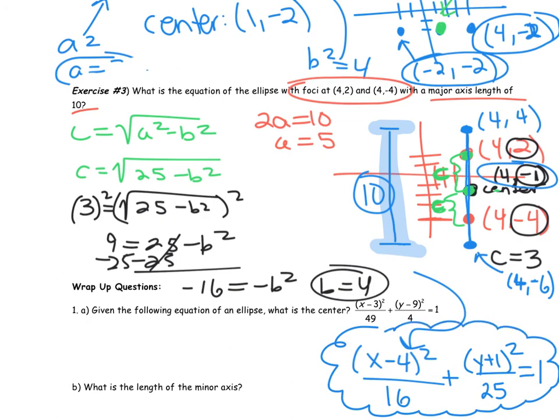Now, if you had a question about the reason why this is 16 and the reason why this is 25, well, guys, if you look at our picture here, it's very obvious that our major axis is along a vertical line, and when our major axis is along a vertical line, that pairs with y.